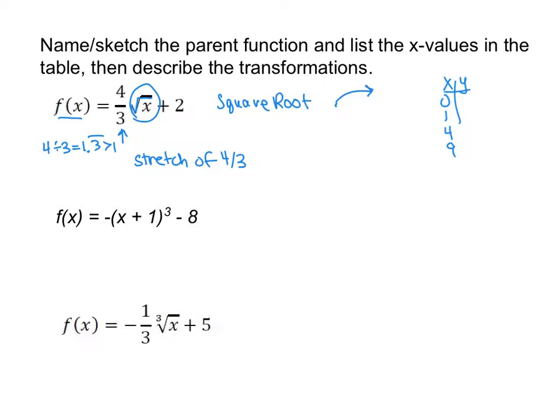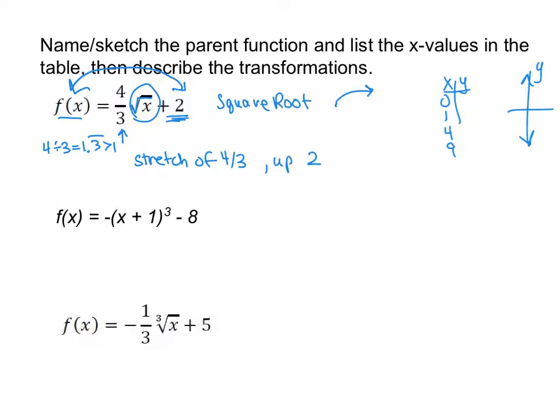And then the other thing that I don't have circled here is that plus 2. Well, the plus 2 is on the outside, just like the y or the f of x is on the outside. So it's going to affect the y value, and the y-axis goes up and down. So therefore, that's going to move it in the same direction, 2 units. So it's going to go up 2.